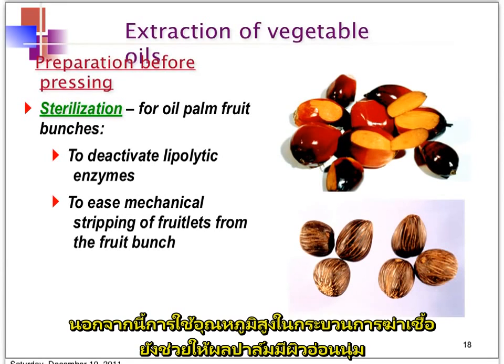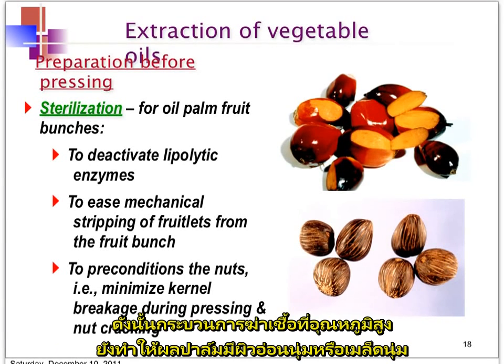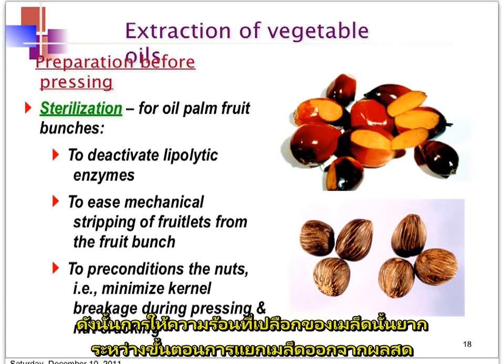The high temperature during the sterilization process also serves to soften the fruit and to facilitate the removal, or the stripping, of the fruitlets from the fruit bunch. Also, the high temperature will soften or precondition the kernel, so that the kernel shell is not too hard.